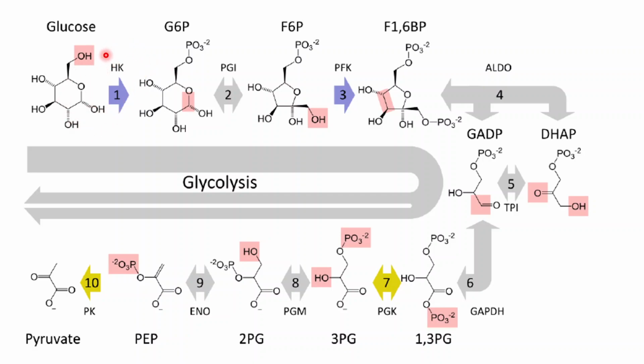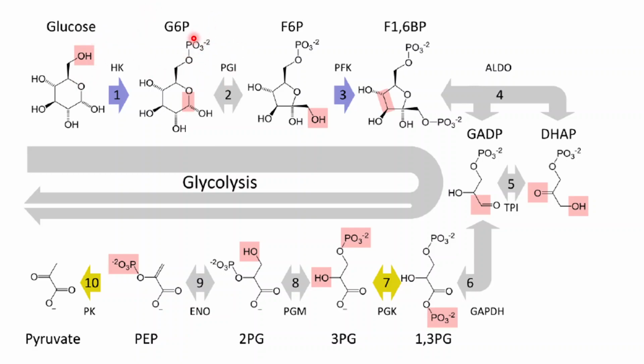So hexokinase is an enzyme. Any enzyme that has kinase written, you can easily imagine that it transfers phosphate. It will take phosphate from some substrate and it will transfer the phosphate to another substrate. Okay, so in this case hexokinase is taking phosphate and transferring it to glucose to make it glucose 6 phosphate.